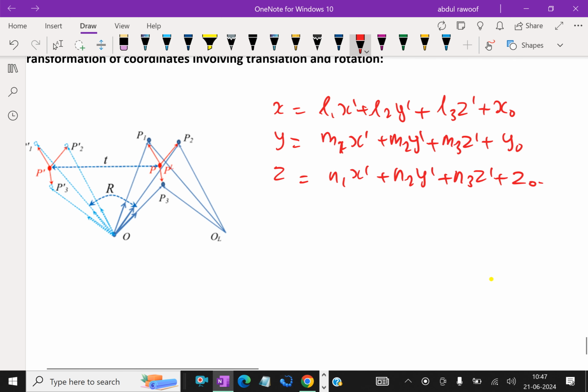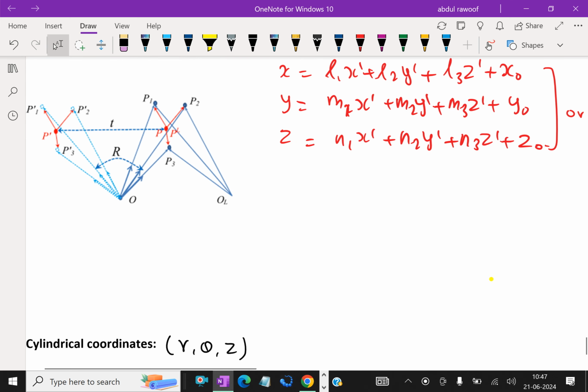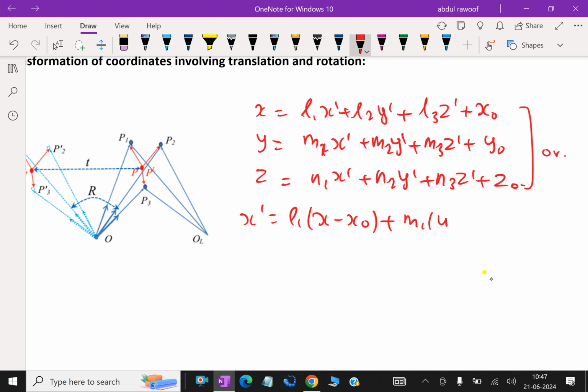After getting translation and rotation, we can write this as x dash equals L1 times x minus x0, plus M1 times y minus y0, plus N1 times z minus z0.